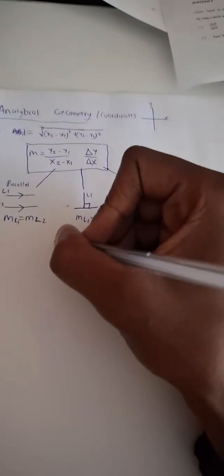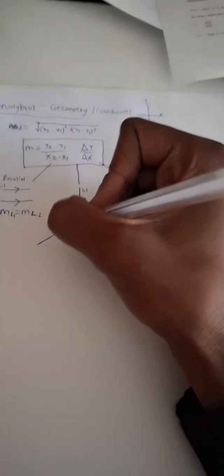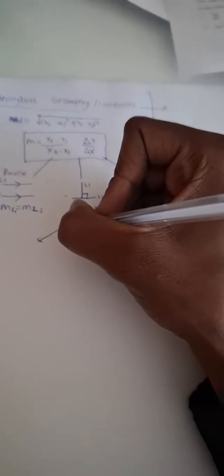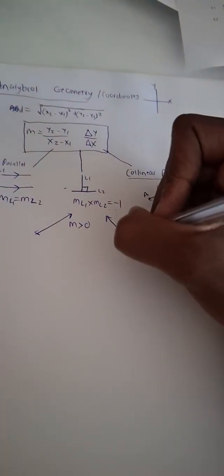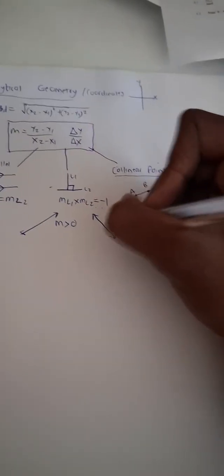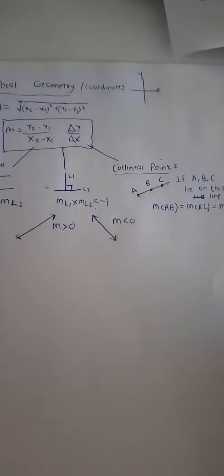Take note of this as well. A line like this is an increasing line. Its gradient is positive. A line like this is a decreasing line. Its gradient is negative.